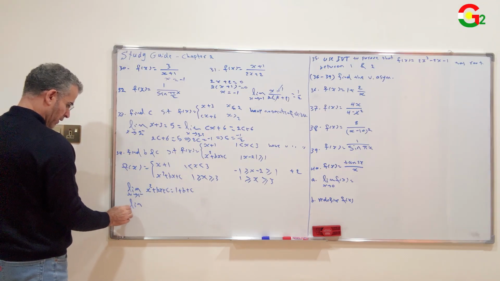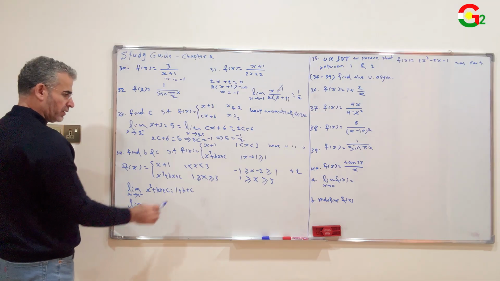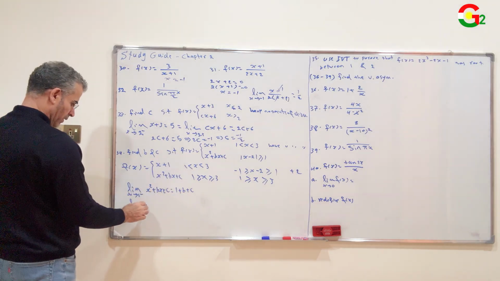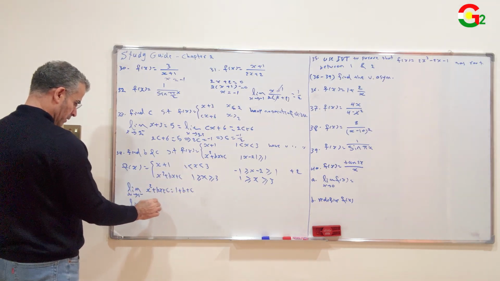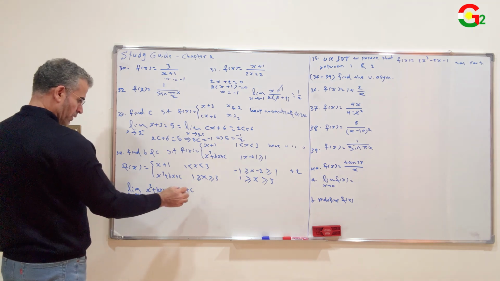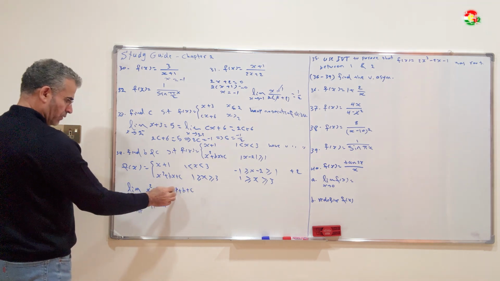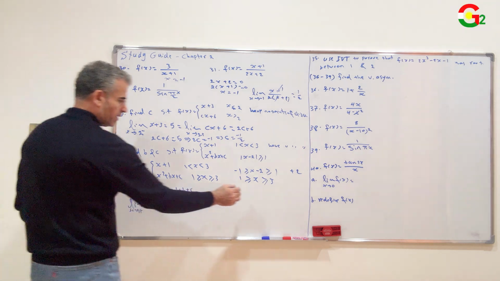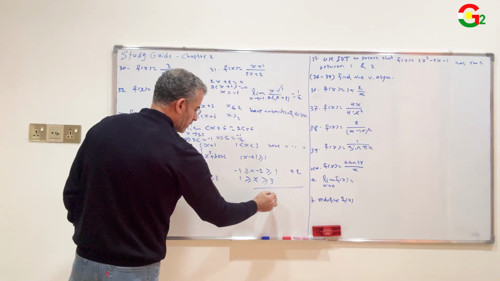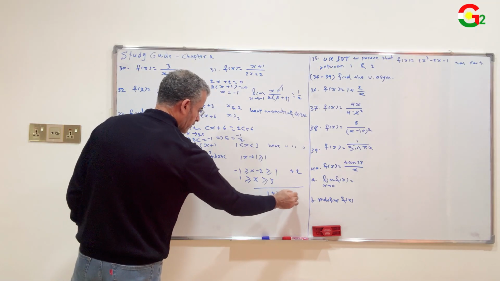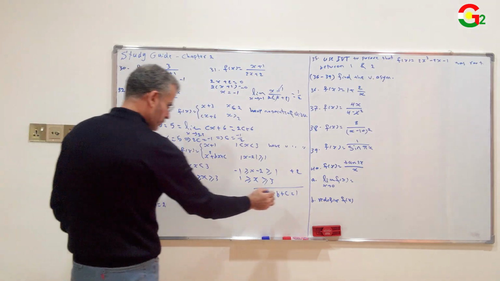And the limit as x approaches 1 from the right, when x is greater than 1, is x plus 1, 1 plus 1, 2. Then 1 plus b plus c equals 2.